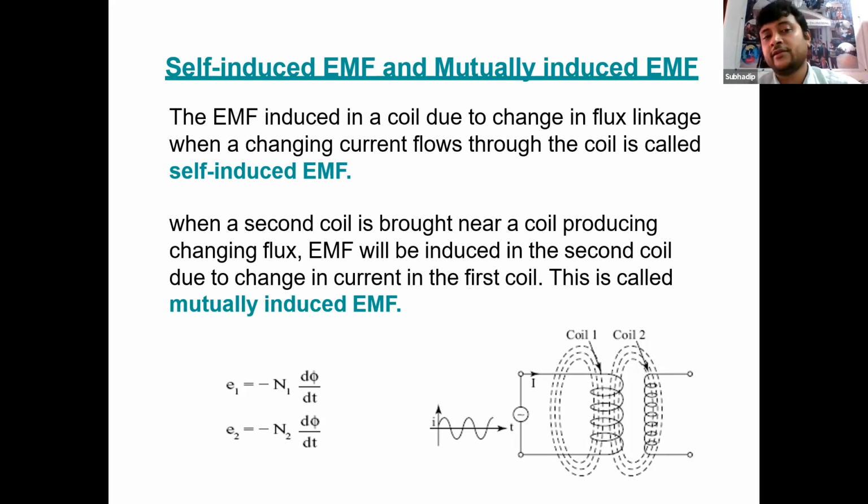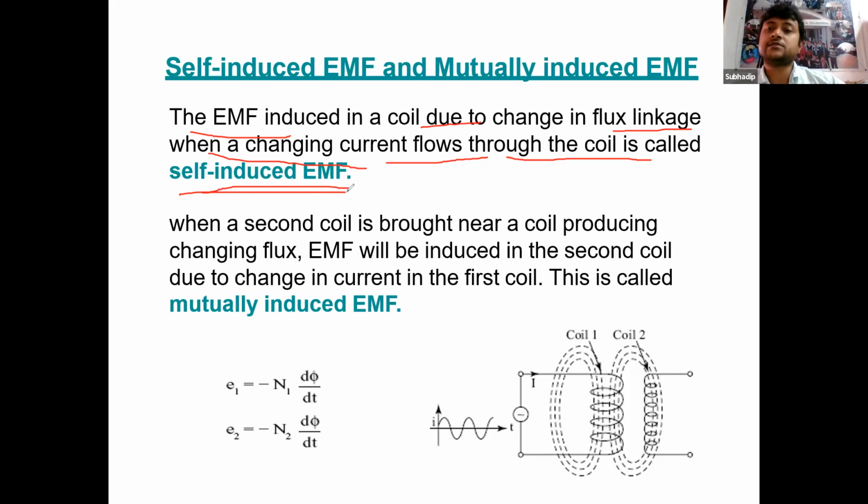So the EMF induced in a coil due to change in flux linkage when a change of current flows through the coil is called self-induced EMF. That means the change in current flows through its own coil.